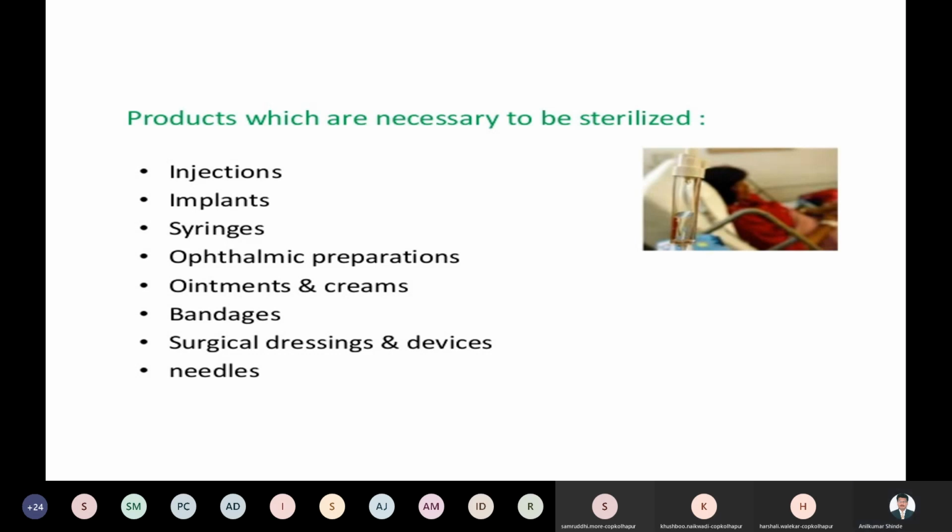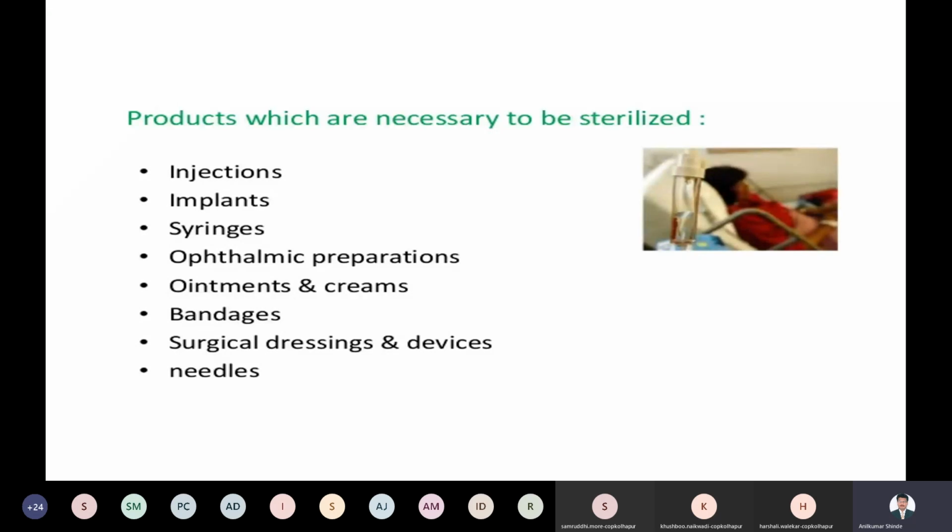Then some of the preparations are ointments and creams. Ointments and creams, as well as some ointments which can be applied to the eyes. Eye ointments are also there, applied to your eye cavity. There are different very conventional formulations available, where a very small single dose of the formulation contains the ointment, right?